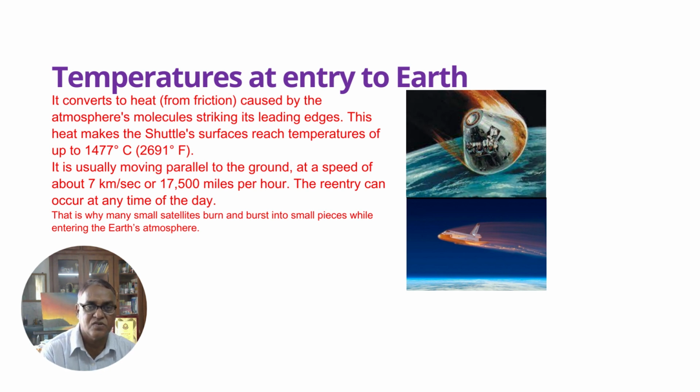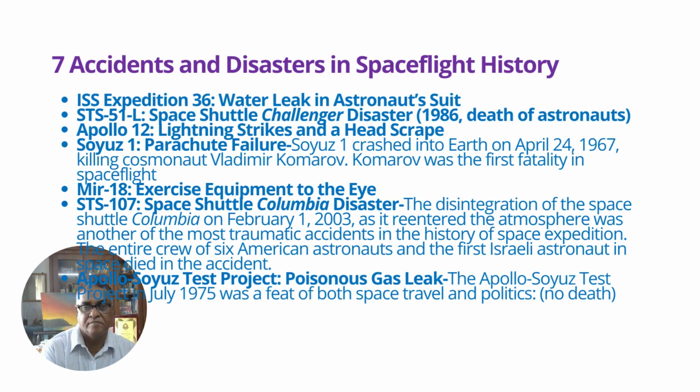Due to this excessive heat, many of the capsules burn and dismantle and fall into the great seas of the Earth. However, missions like space shuttles are designed to withstand this heat, and they return to Earth safely by the use of specially designed tiles on their outer layers.